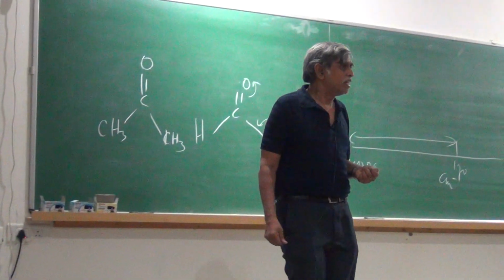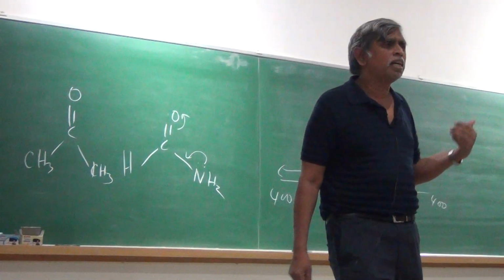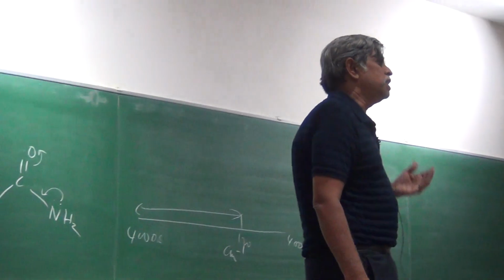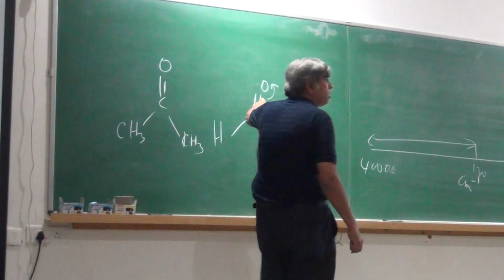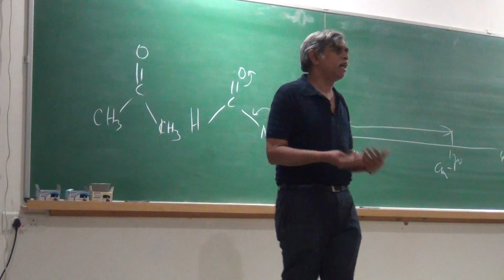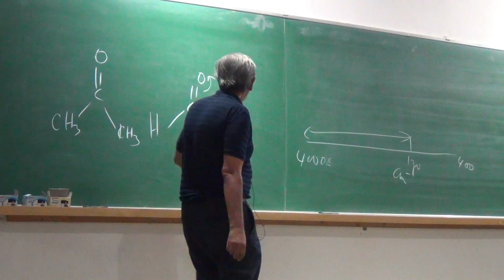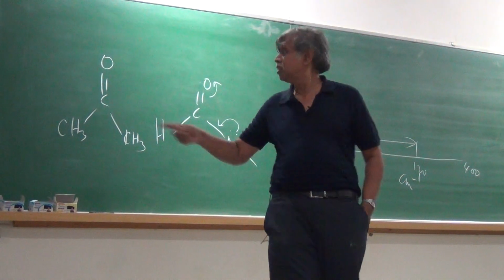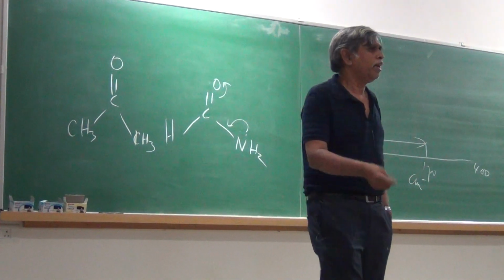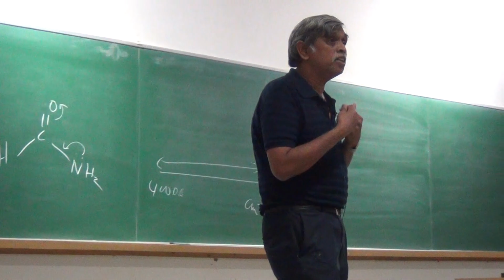It makes it somewhat less. It's a resonance in which we say this is n pi star type molecular orbital order. So this pi bond actually has electrons now moving into a pi star sort of an orbital, and therefore the bond order of carbonyl here will be somewhat lower. It won't be 2, as in this case, but 1.8, 1.85, thereabouts, meaning it's smaller.